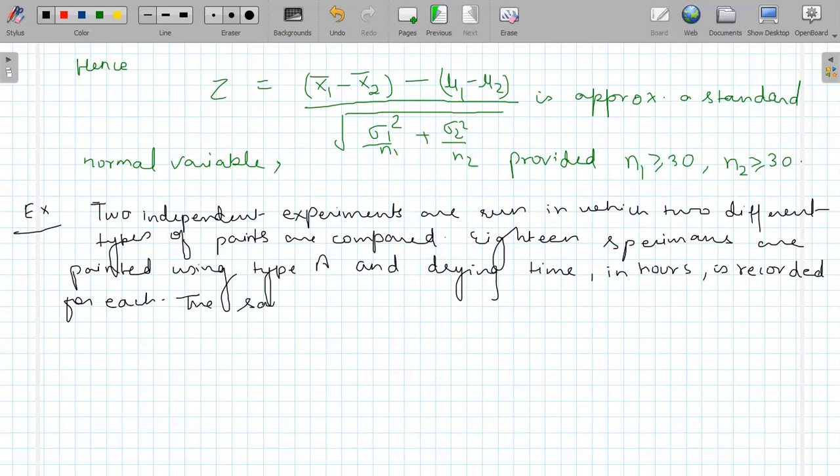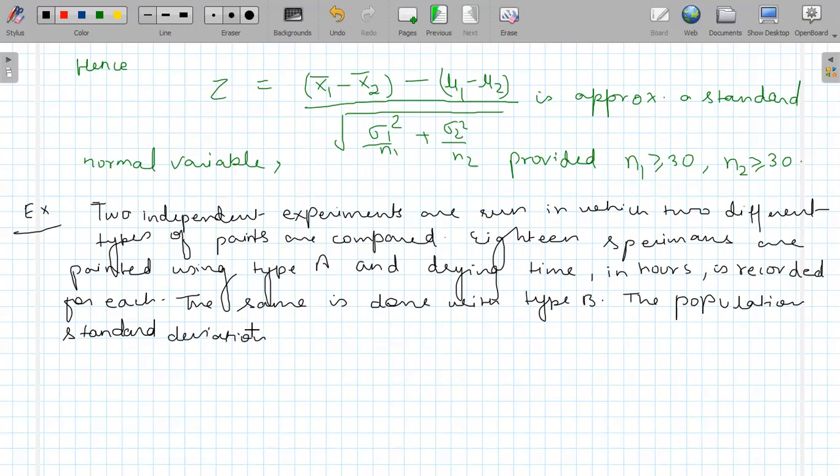The same is done with type B. The population standard deviations are both known to be equal to 1.